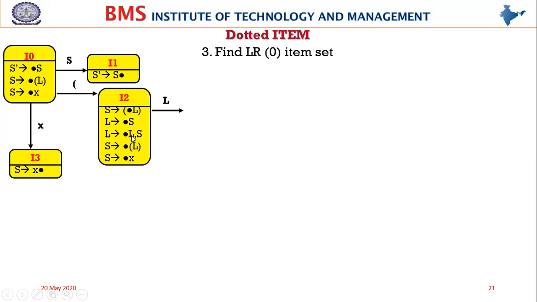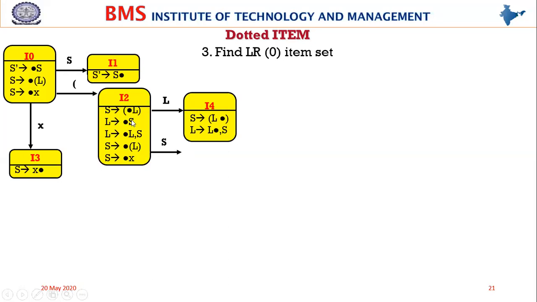Similarly, see the third production, that is L produces dot L comma S. So here the dot on L can move from the beginning of the production to L dot comma S. So that will be our next state, that is state 4, wherein the first production we got S produces open parenthesis L dot close parenthesis. The next, L produces L comma S, will become L produces L dot comma S, right?